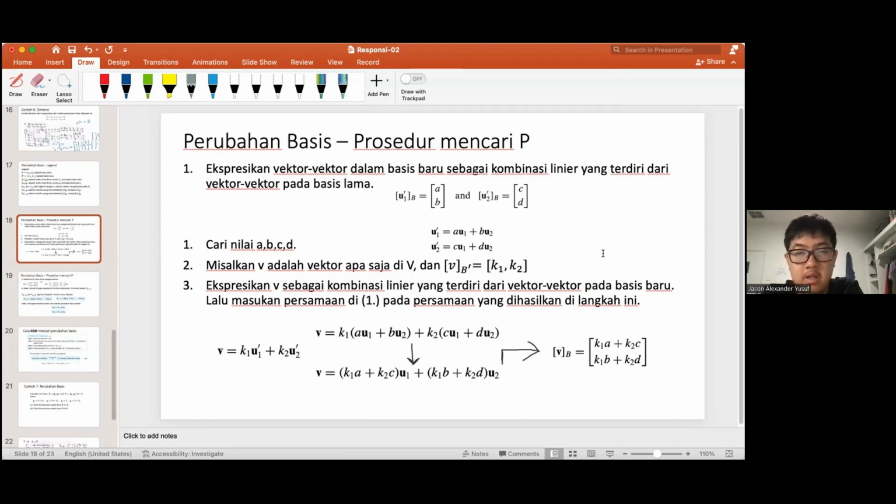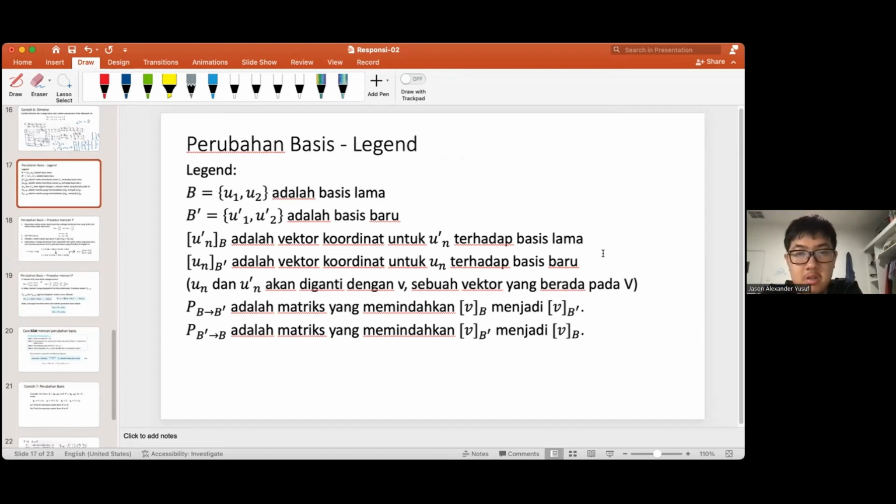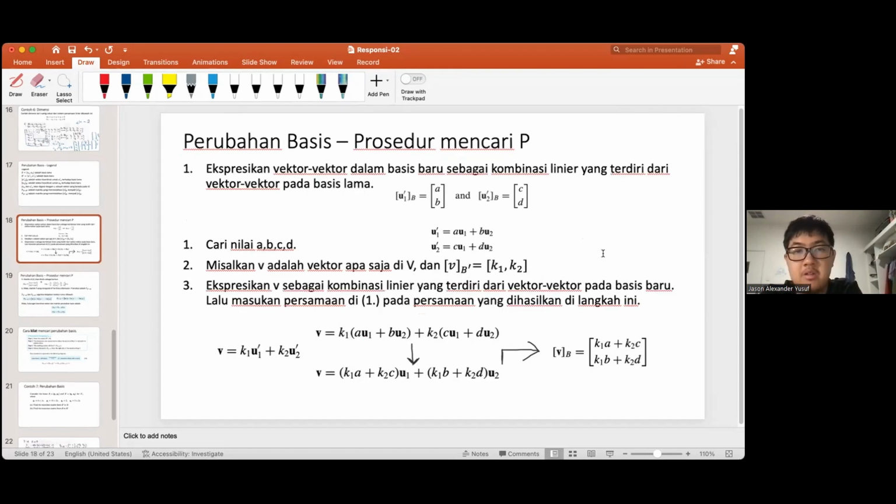Then you find A, B, C, D. After you find A, B, C, D, we put that aside, and then we take a look at VB, which is the new basis.